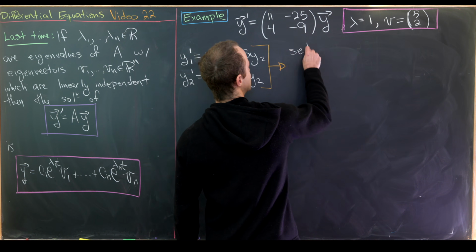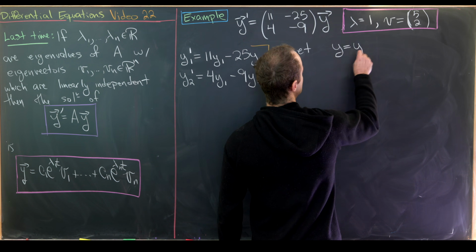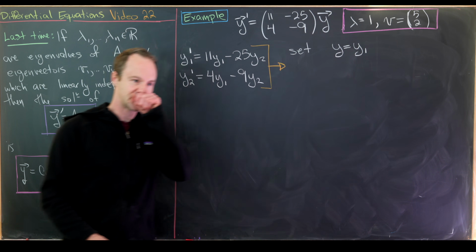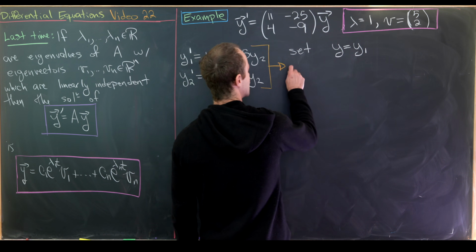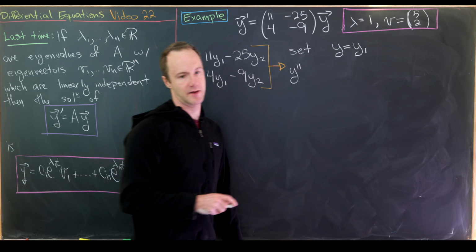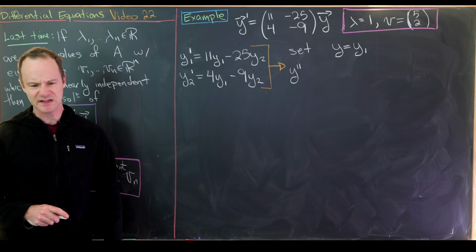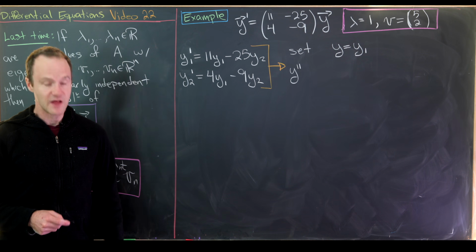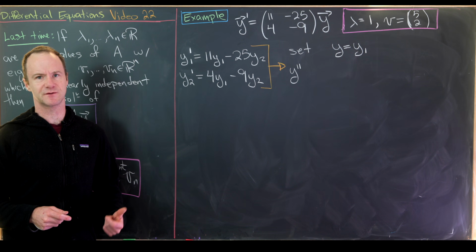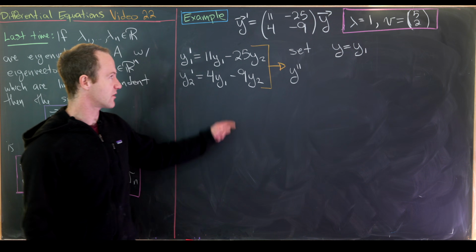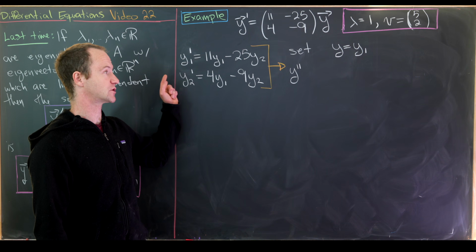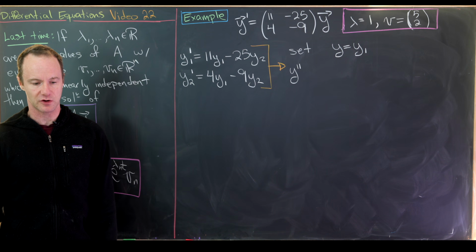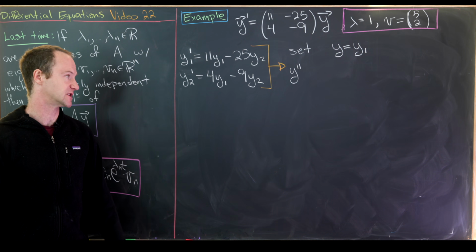So let's set y equal to y1. And since we're aiming for a second order differential equation, we'd like to look at y double prime. And this is using something which I've been calling the rank order correspondence for differential equations. So in other words, the system of two differential equations that are first order corresponds to a second order differential equation and vice versa as well.